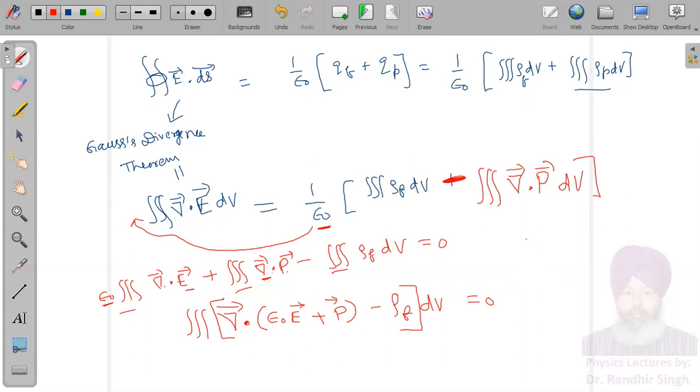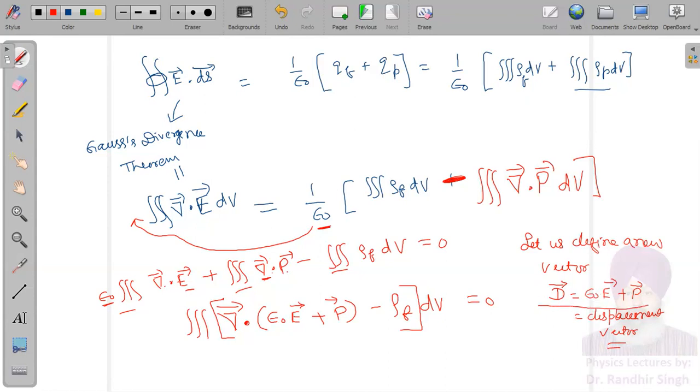Let us define a new vector, capital D is equal to epsilon 0 capital E plus capital P, as the displacement vector. This vector is called a displacement vector.